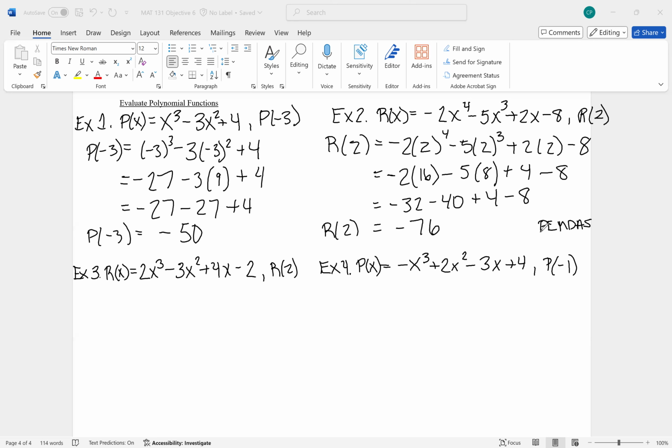For example 3, we have R of x equals 2x cubed minus 3x squared plus 4x minus 2, and we want R of 2. So I'm going to rewrite it, leave those gaps.